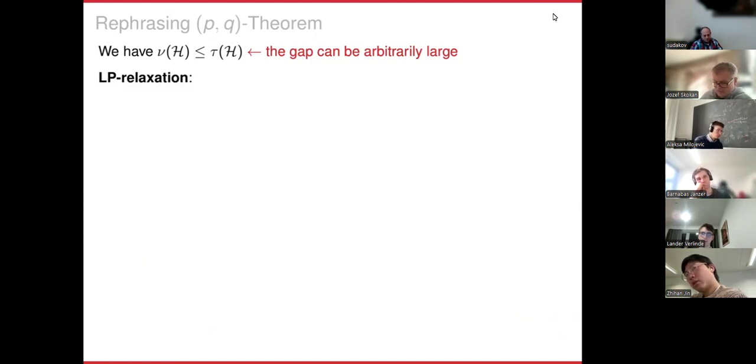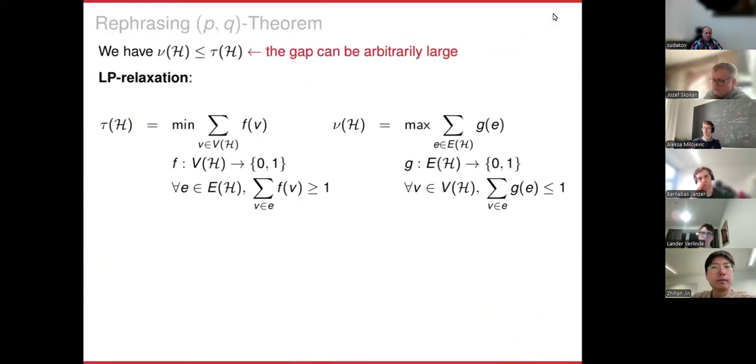So, what is this LP relaxation? Both the matching number and the transversal number of a hypergraph can be written as a linear program.